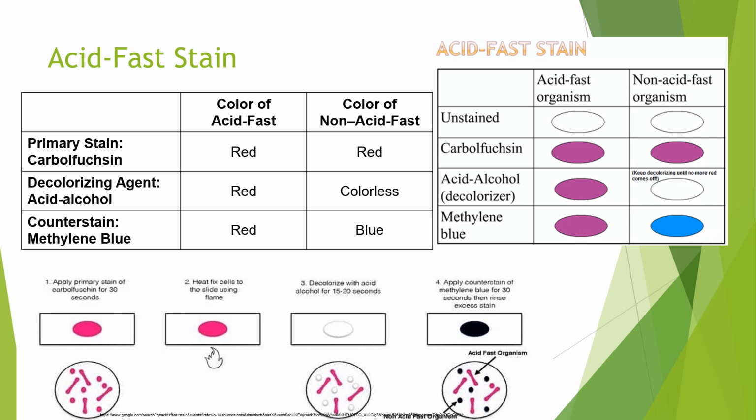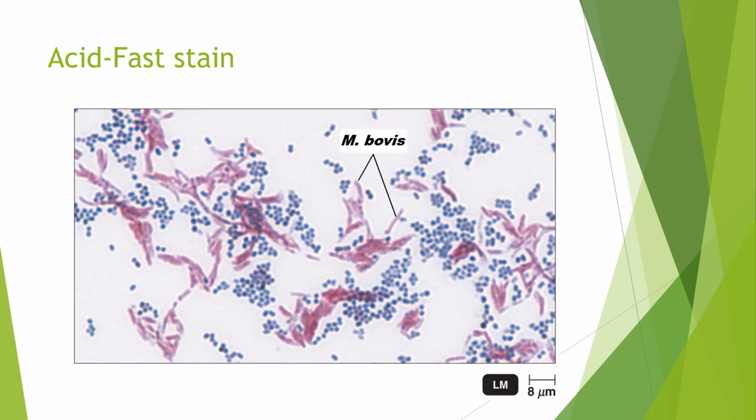Those that don't have the waxy layer, or we refer to them as non-acid fast, are going to appear blue. So this is an example right here. The ones that are appearing red in color are the ones that have the waxy layer. Those are called acid-fast bacteria. This is an example, Mycobacterium bovis.